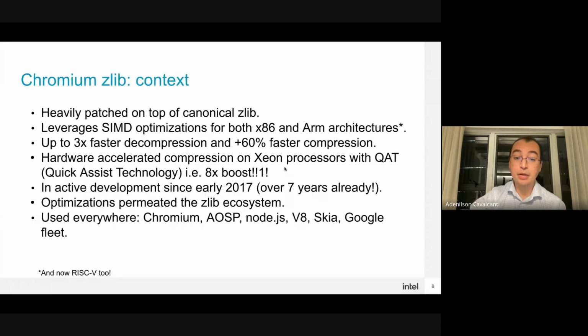And we also managed to implement a hardware accelerated compression, which makes data compression average 8 times faster, only for Xeon processors with quick assist technology. It's been in active development for the last 7 years. And the good thing is that the optimizations we have implemented eventually permeated the rest of the zlib ecosystem and is used pretty much everywhere.